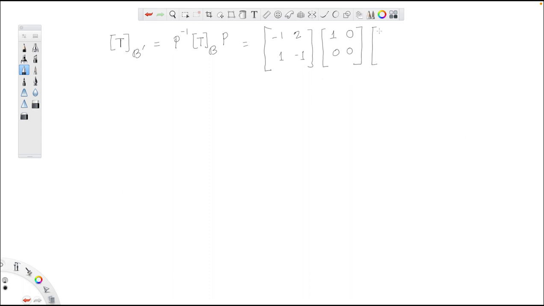And then I have the invertible matrix P, which is 1 2 1 1.